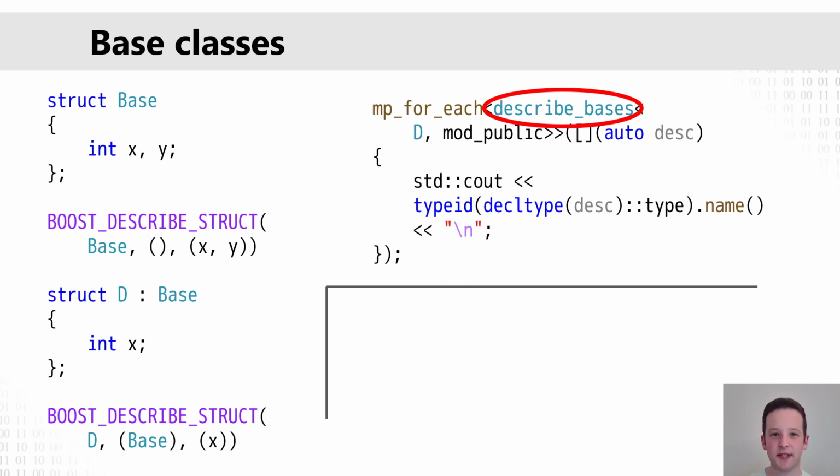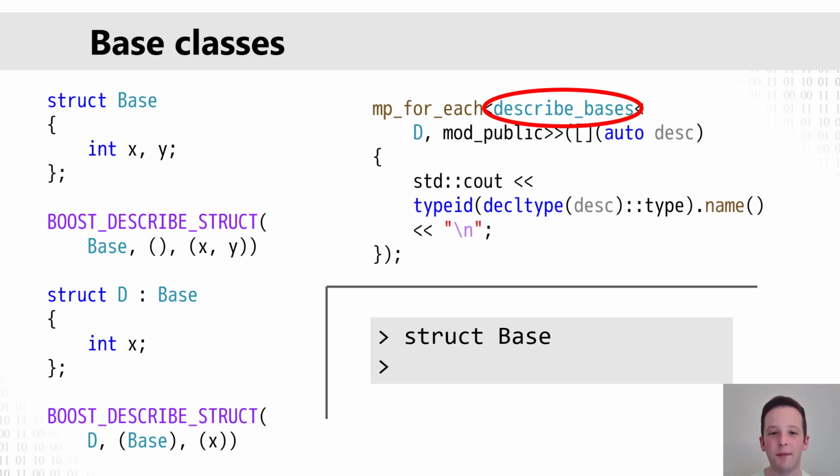Now, the structure of the descriptors is different from the Describe members type. So this time, I actually need to do a little bit of a different incantation to grab the name, but regardless, the functionality is still all there for whatever you want to do. In this case, I'm using MSVC, so it'll print out struct base. Great. So you can grab the list of members, and you can grab the list of base classes.